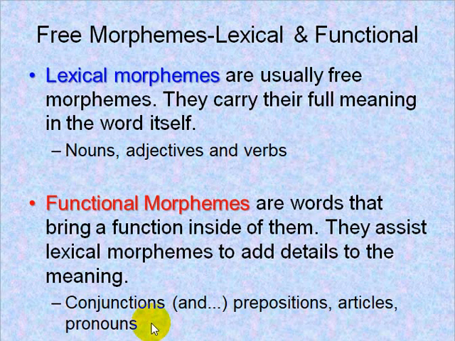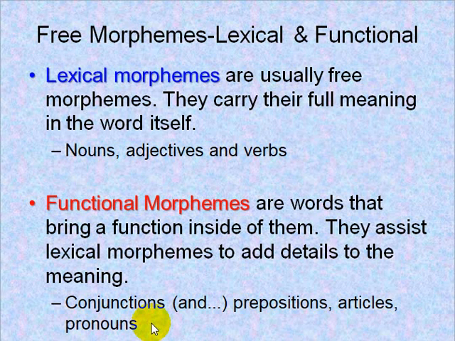Now this morph, which is a free morpheme, has the full meaning, while eem and s are the functional morphemes. The functional morphemes can only add to the meaning, not the main part of meaning, but they can add to the meaning. And this is the difference.